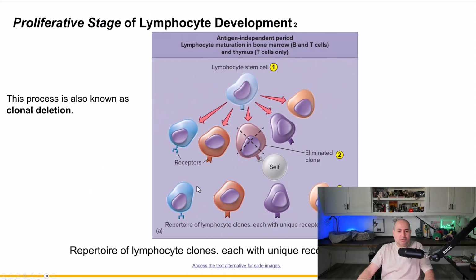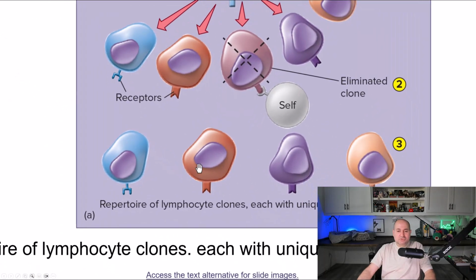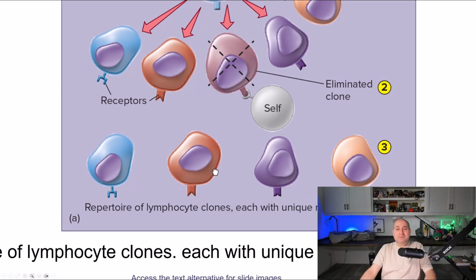And then you want only those to travel to those lymphoid tissues like the lymph nodes in order to hang out. And by the way, these are known as mature B cells or mature T cells, but at this point they're also called naive B cells or naive T cells. And they're going to remain naive, meaning they're not actively doing anything.